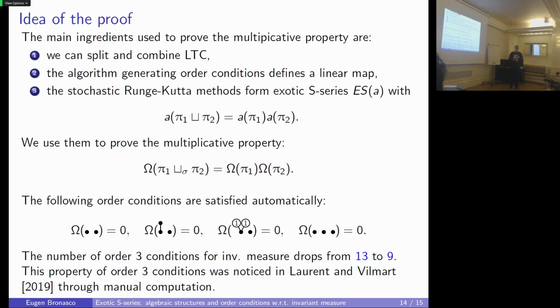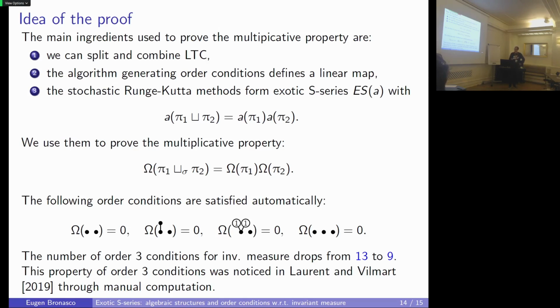And the third ingredient is the fact that if we consider stochastic Runge-Kutta methods, then they are B series over grafted forests, and they form exotic S series ES of A, with A respecting the concatenation product. And that's a nice property, but it's a general property for all exotic S series which come from B series. And this is also true in the classical case, in the deterministic environment.